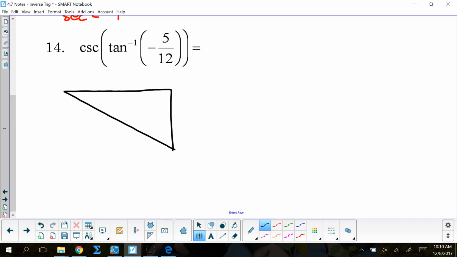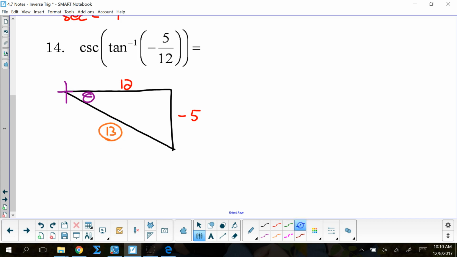Okay. So then my theta would be here. Oops, that's a bad theta. Oops, now it's making it even worse. There. Okay? So tangent tells me that's opposite over adjacent, TOA. So that means that this side over here is my -5. That side up there is 12, which means my hypotenuse then is 13. Okay?